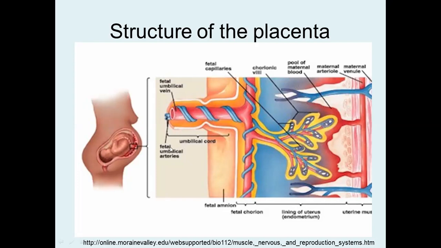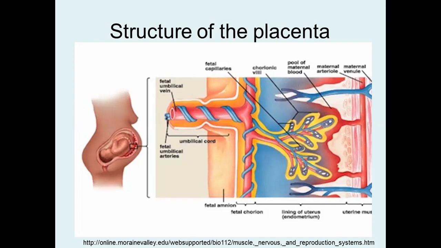The blood in the fetal umbilical arteries is deoxygenated. So it contains a low proportion of oxygen, low oxygen concentration, and very little nutrients, and it's high in waste substances such as carbon dioxide and nitrogenous waste substances, urea, uric acid, etc.